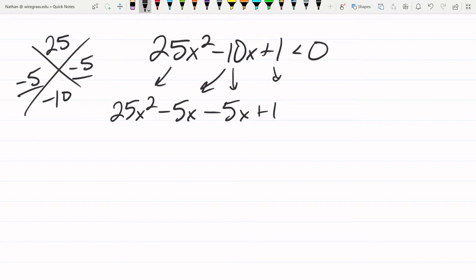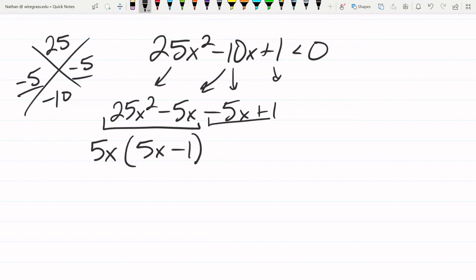And that's going to give us, factoring by grouping, x, and then we're also going to take out a 5 from the first two terms. That's going to give us 5x minus 1. And from the next two terms, I only see 1. Because the middle sign here is a negative, I'm going to take out a negative 1.